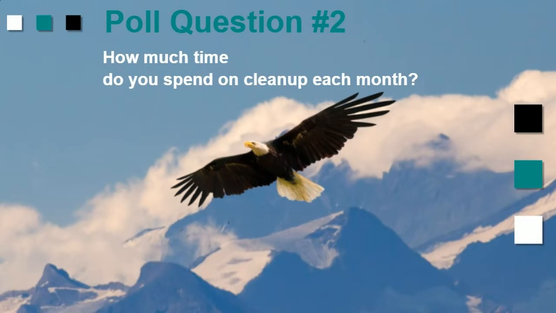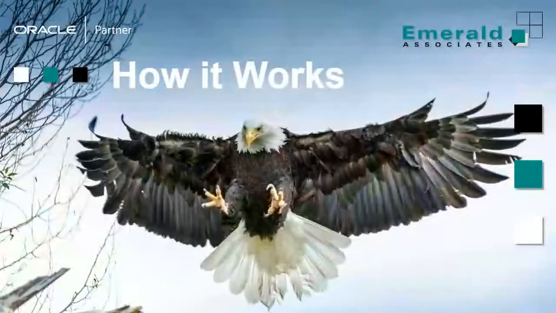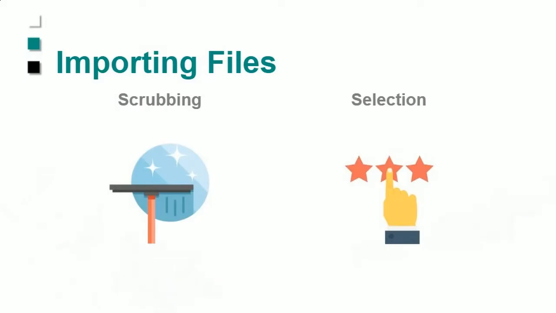So let me explain how it works, and then I'll turn it over to Sue, and she's going to show you in action. The way we've built the tool is we allow you to create a scrubbing definition. It's similar to a layout or a report idea that you've probably used in P6, where you set up the data elements you're going to look at, how you want it to scrub the data.